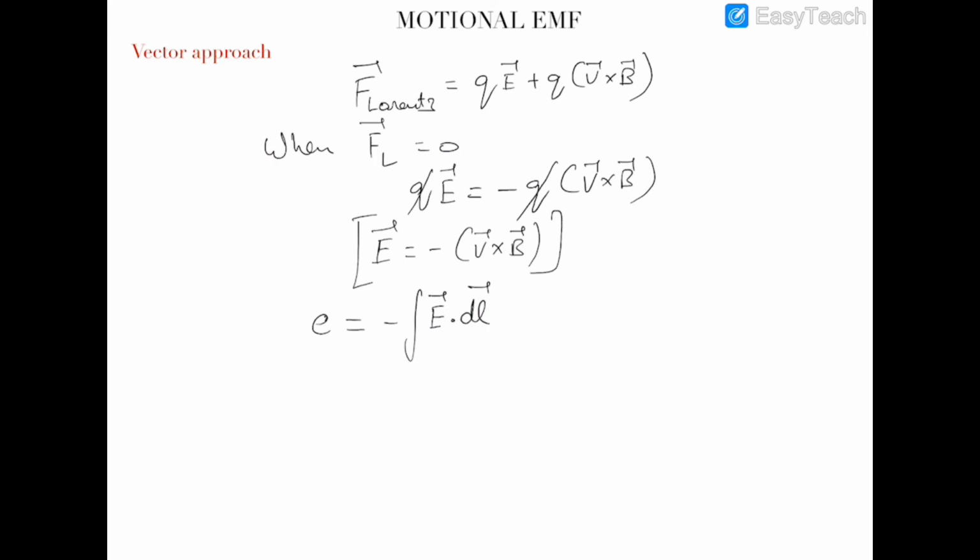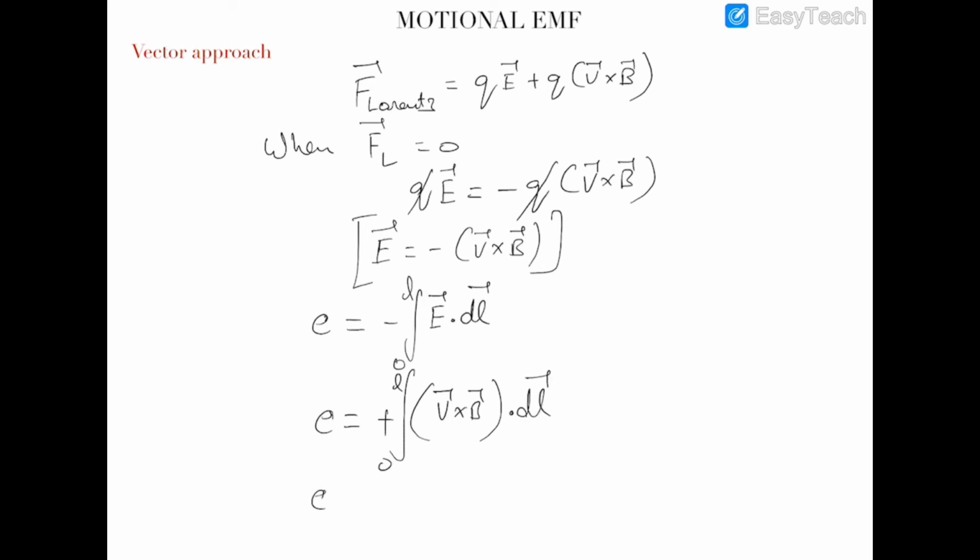The total length of the rod is L, so EMF will be equal to minus the integral from 0 to L of E, which is V cross B, and this minus will cancel out and it will be positive, dot with dl.